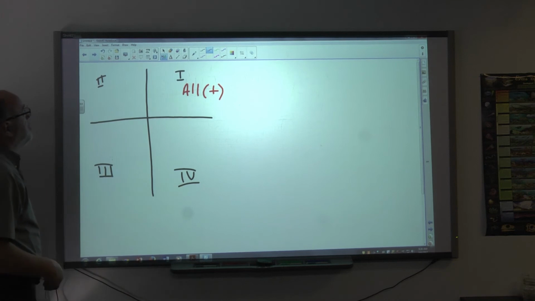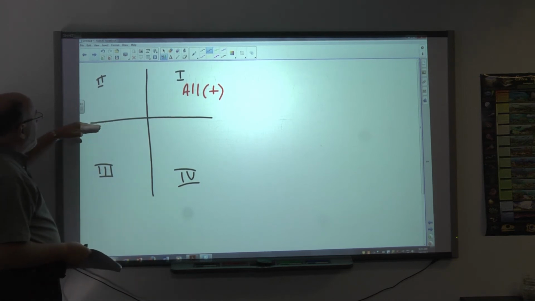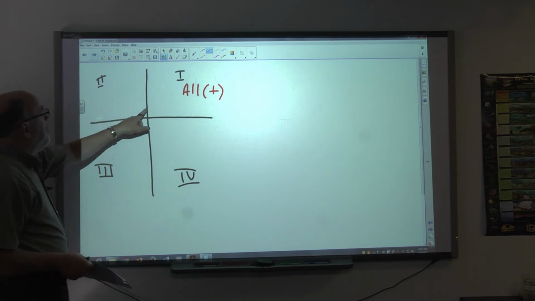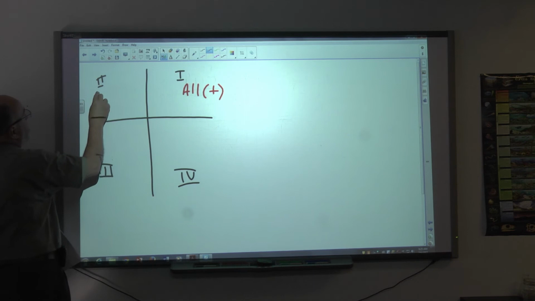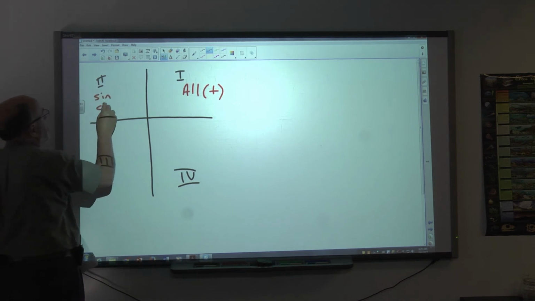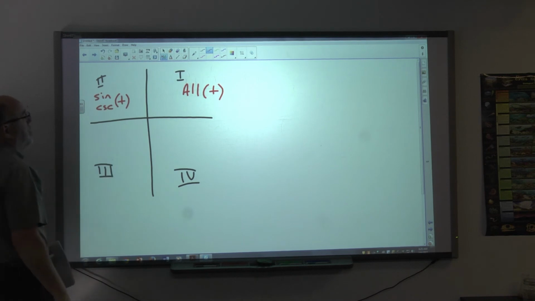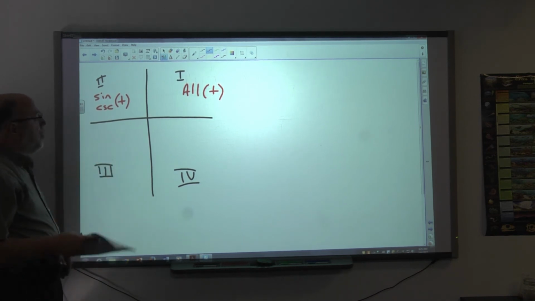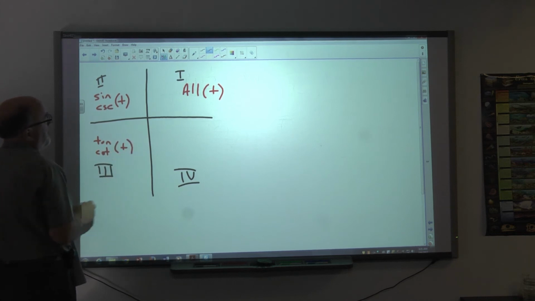And then we go to quadrant 2 and want to know which one's positive. Well, in quadrant 2, the x values are negative, but the y values are positive, and so it ends up that sine and cosecant are positive here. Right? In quadrant 3, you have x and y are both negative, and so we have that tangent and cotangent are positive in quadrant 3.